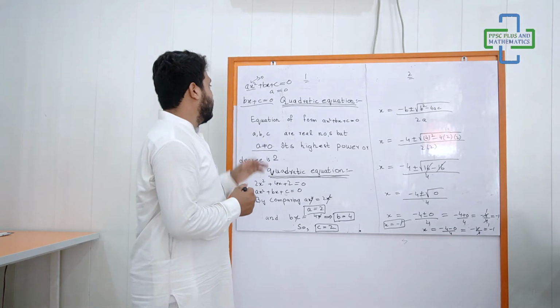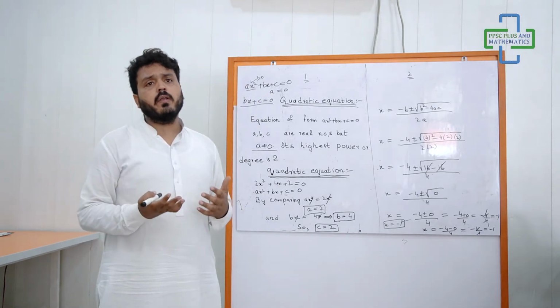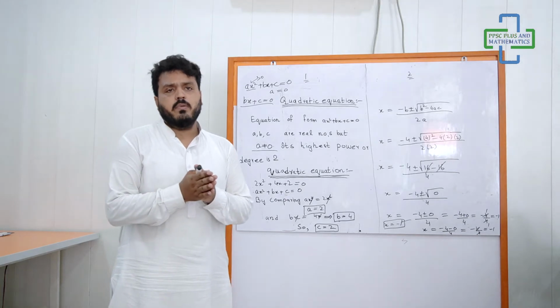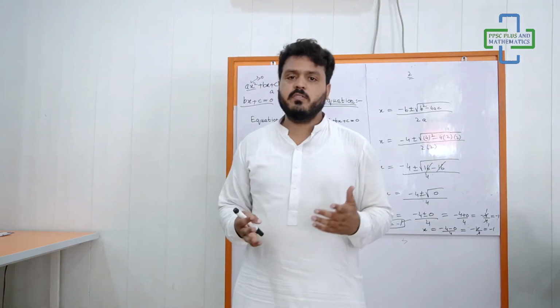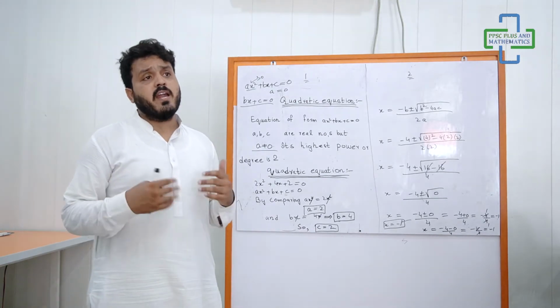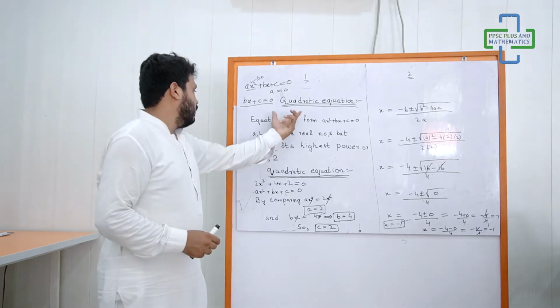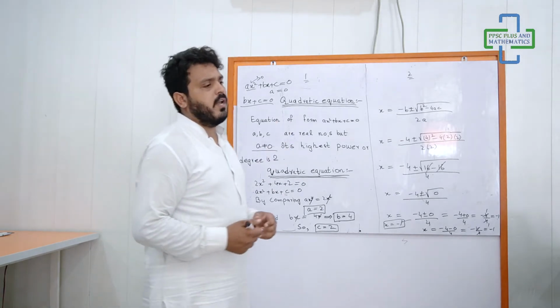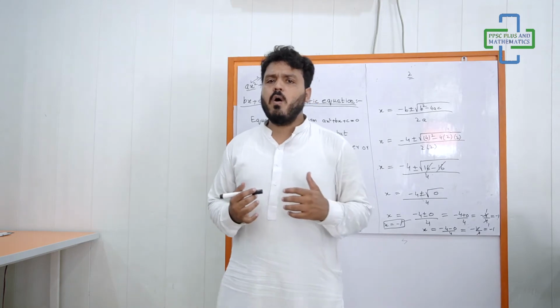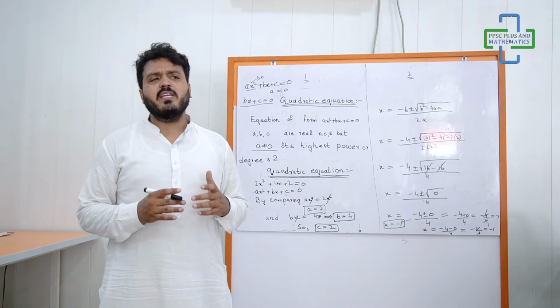If we put a, b and c according to our wishes, then we get a different equation every time. So a quadratic equation is an equation in which the highest power of the variable is 2.